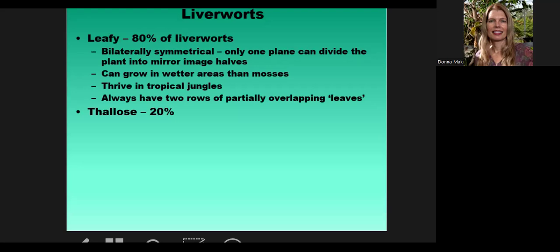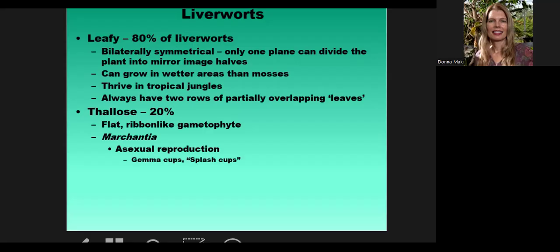Thallose is only 20% of the known species in that form. They look flat, and they're often described as ribbon-like. Marchantia is the guinea pig model for the thallose. It has some interesting asexual reproduction capabilities that I'll show you.